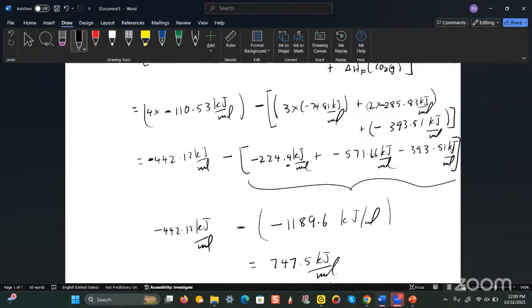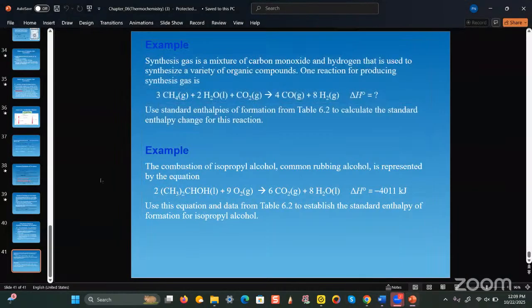Any questions about this one? Any questions? Now, if you understood what we did here, then the next problem on that same page, you should be able to do, right? The only difference is, in the first example, you're to calculate the delta H of the reaction.